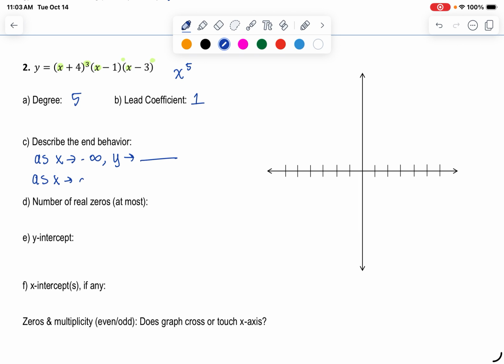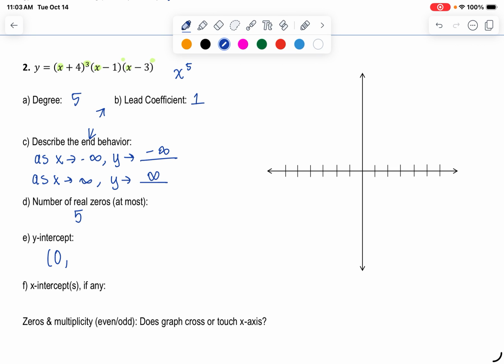As x approaches positive infinity, y approaches something. So this is an odd degree, right? It's a 5th power, so opposite directions. And then the lead coefficient is positive, so just like the other one, it's going to look like this. So as we look left, the arrow is pointing down, so that's negative infinity. As we look right, the arrow is pointing up, so that's positive infinity. At most, this will have 5 real zeros.